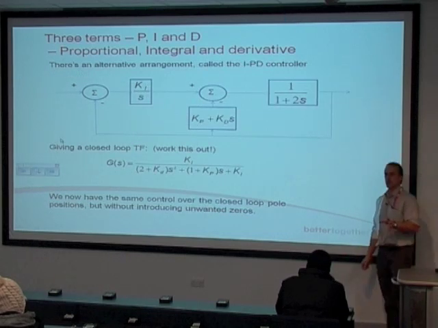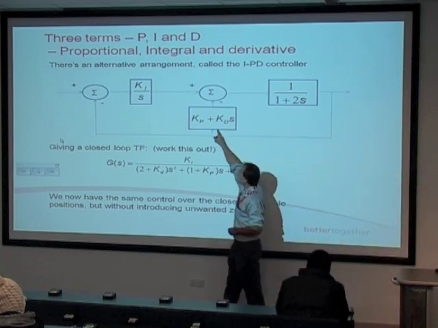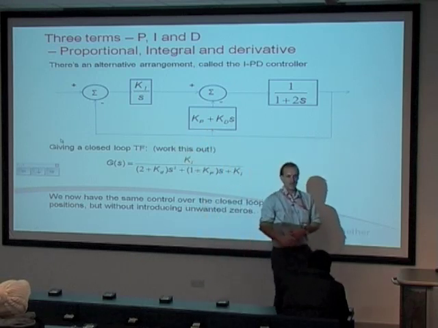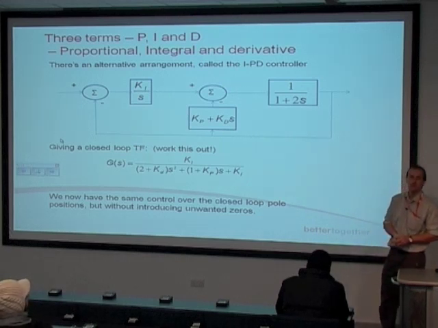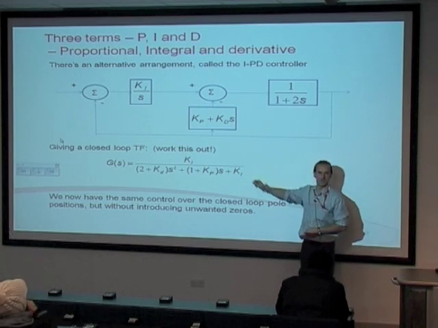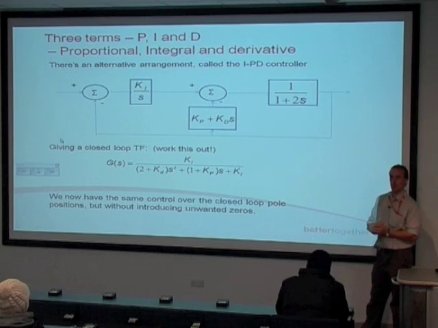If I configure my three-term controller slightly differently, and put Kp and Kd down here, and Ki up there, if you go through the block diagram algebra one more time, which you can use for practice, it comes out like this. If you don't believe me, try it out.